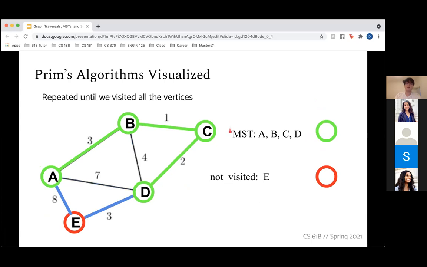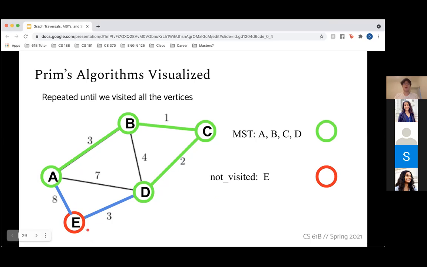And we do the same process again. Now we have vertices A, B, C, D within our MST set, and E within the set of vertices that we have not visited yet. And the edges connecting those two sets are 8 and 3. So for our final edge, which edge would we want to utilize? All right, so it's either going to be DE or AE.